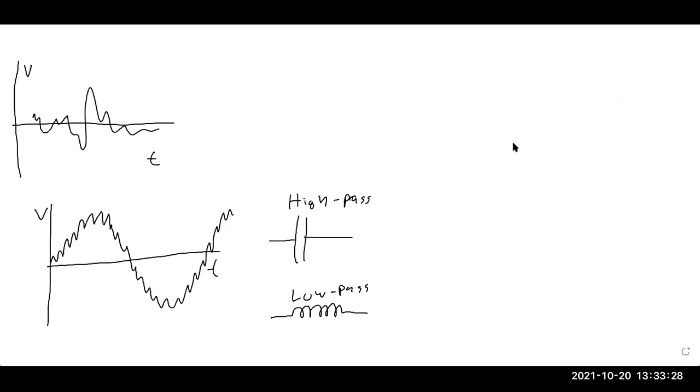If you have a tweeter and a woofer, and this is your voltage over time, which you would want to turn into, at some point, a sound wave, you could use filters like this to feed the higher frequency component to the speaker that's good at making high frequency noise, and the low frequency component to the speaker that's good at making low frequency noises. It's kind of a cool thing.